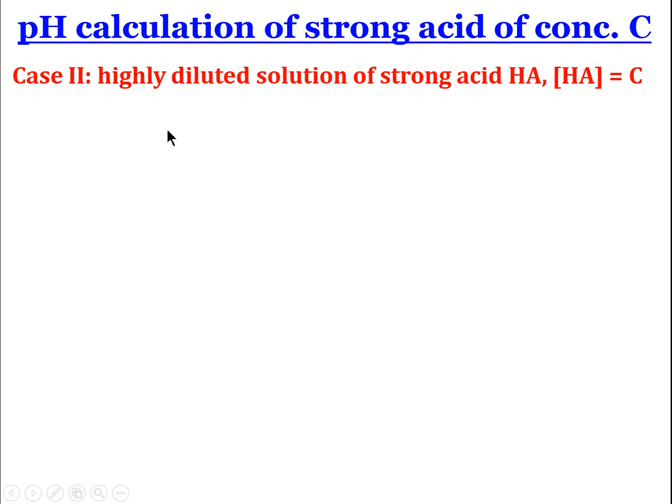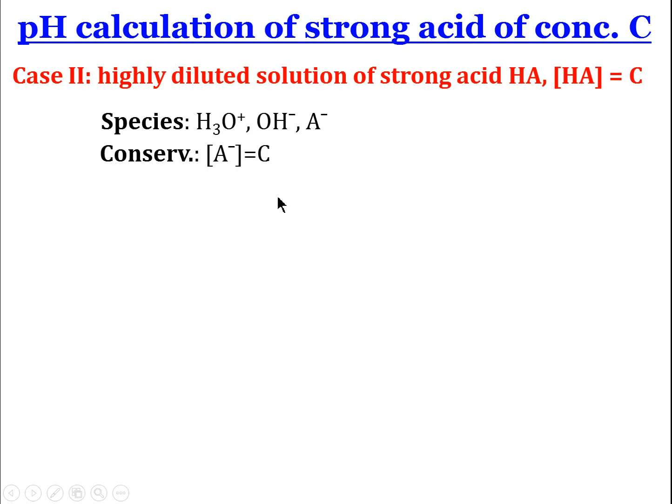We follow the same steps. The species present are H3O+ and A minus from HA dissociation, and we have OH minus from the autoionization of water, or we say the presence of H3O+ indicates the presence of OH minus.